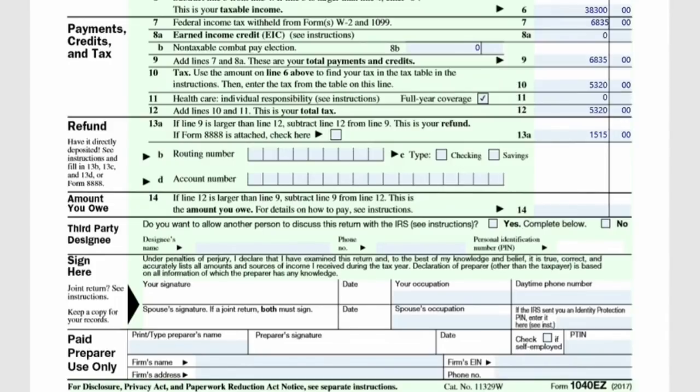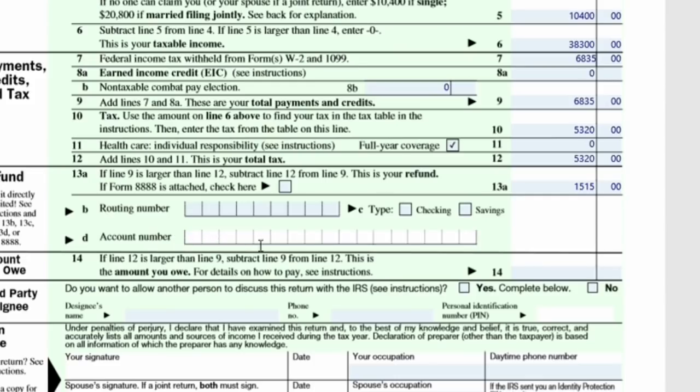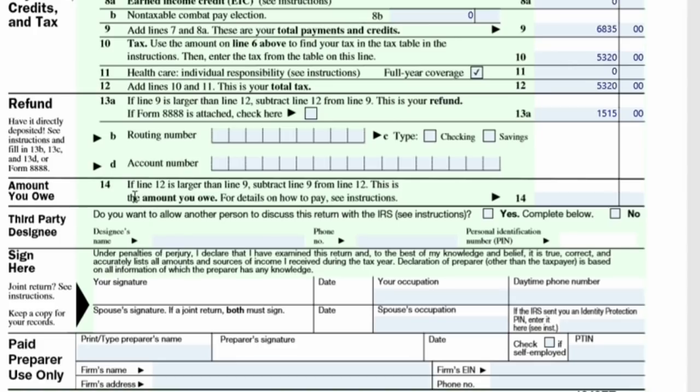So continuing on with the rest of the lines, if Paco wants to have direct deposit, he can put in his routing number and indicate whether it's a checking or savings account. He also will need to provide his account number. If he had owed, then he would put the amount on line 14.